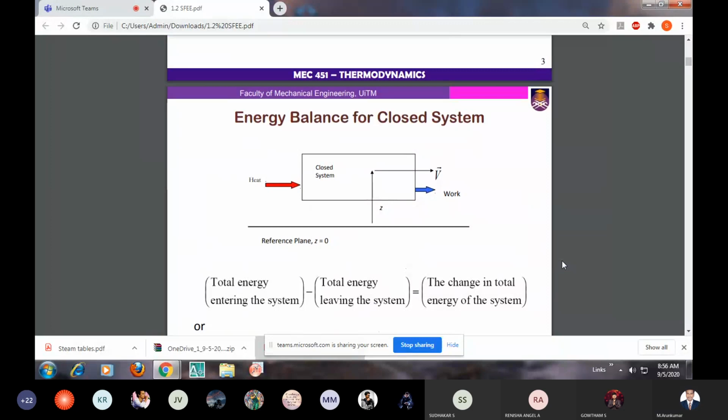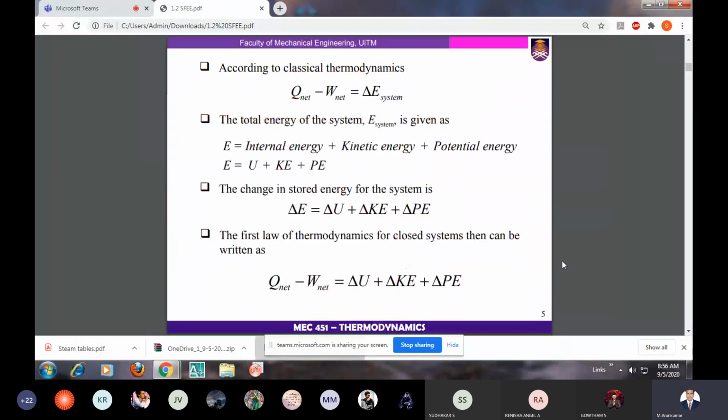Then we know the first law, that is delta U is equal to Q minus W. So we are restating thermodynamics based on the law of conservation of energy. That is Q net minus W net is equal to delta E system. According to classical thermodynamics, we can write the first law like this: Q net minus W net is equal to delta E system.